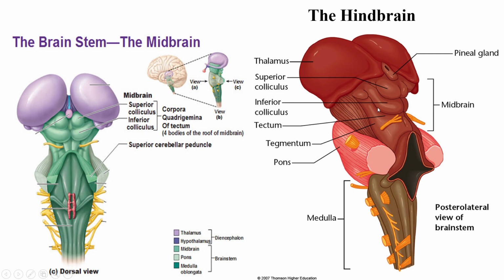And we have various components here, the colliculi, inferior, superior, which we'll come back and refer to as we are talking about how the nerves move up and down the spinal cord. And then we have our entire medulla. So the medulla, the pons, the midbrain, all of this is forming what is known as the brain stem.